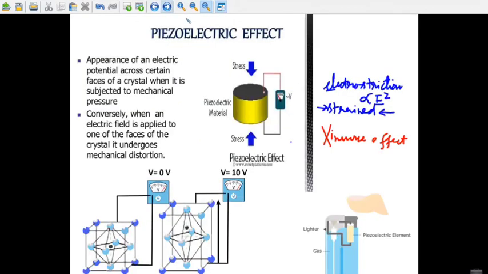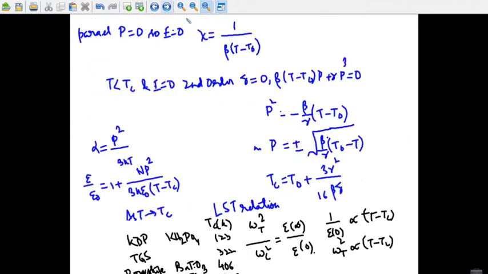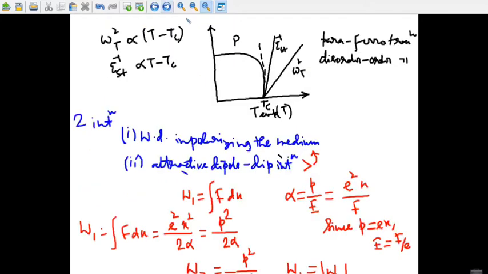So going back to the phenomenon of ferroelectricity, we are concerned with the macroscopic description of ferroelectrics, that is, the study of the electrical polarization on length scales much longer than the separation between the atoms.